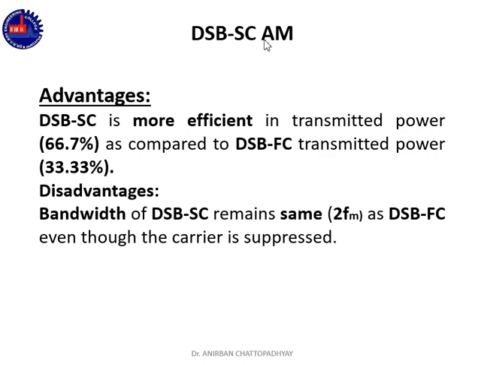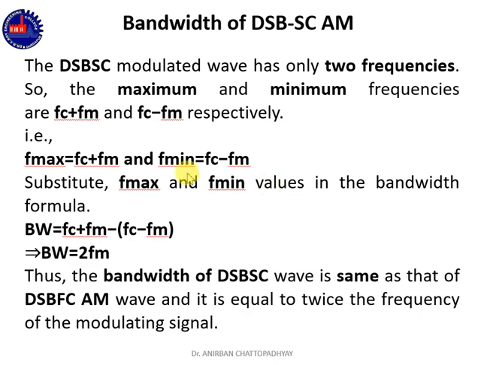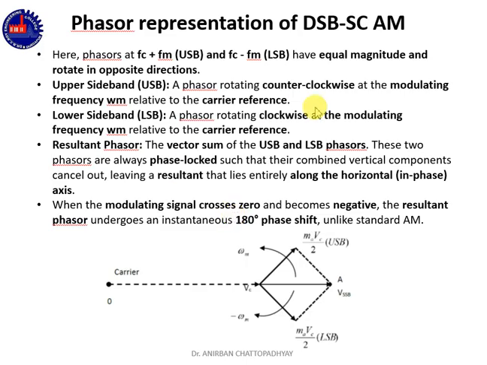But the disadvantage is, although we suppress the carrier signal, there is no improvement in bandwidth compared to conventional AM. So the advantage is the power efficiency increase, but the disadvantage is the bandwidth requirement remains the same as conventional AM.